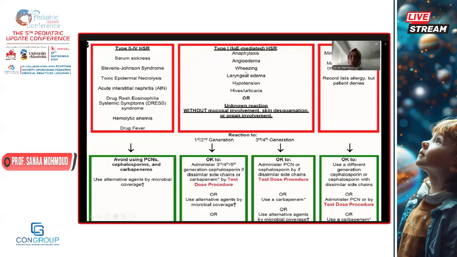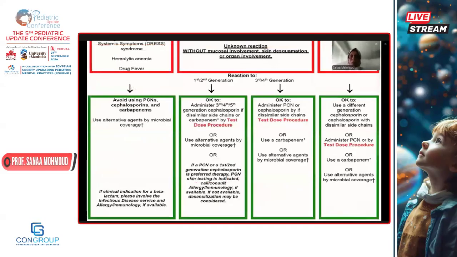Type 1 reaction anaphylaxis, you use third, fourth, and fifth generation, again, without the similar side chain, with this similar side chain, and use a test dose in the beginning, or use alternate antibiotic. It's okay to use penicillin or cephalosporin if this similar chain, and use a test dose. Bottom line, test dose, this similar chain.